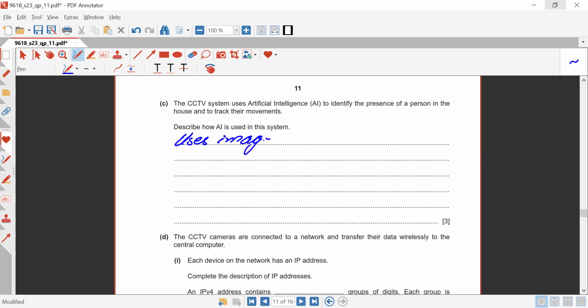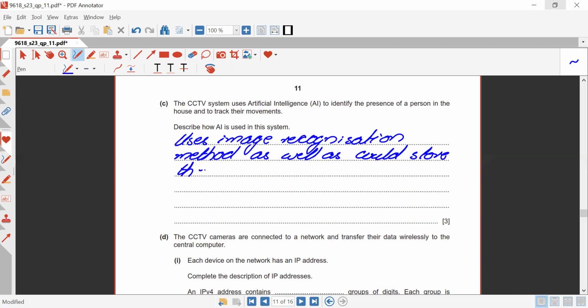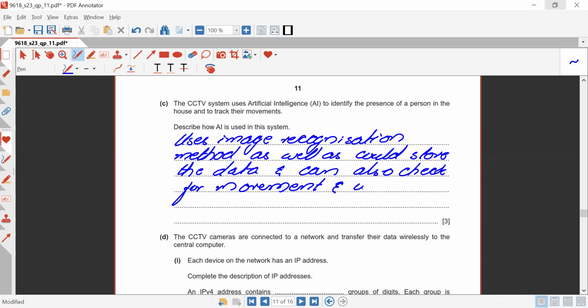Uses image recognition method, as well as could store the data, and can also check for movement and weight of a particular person.